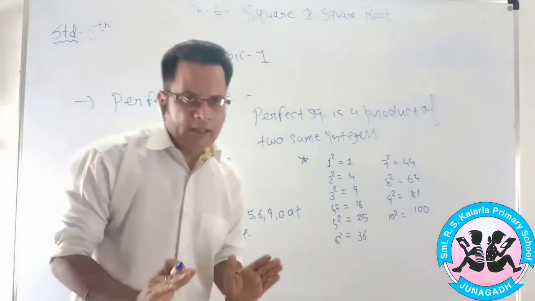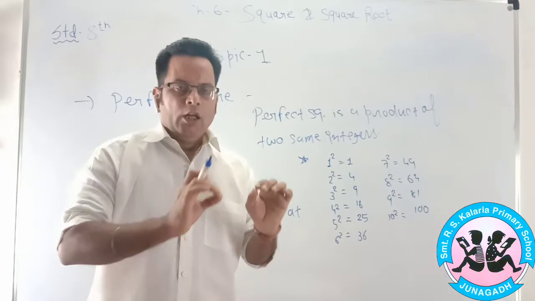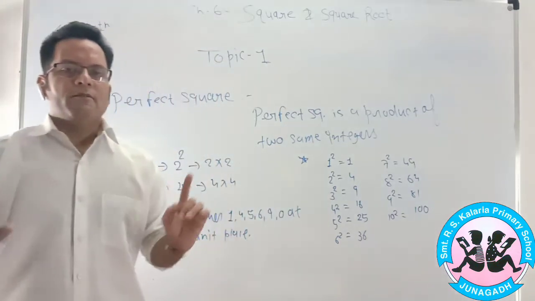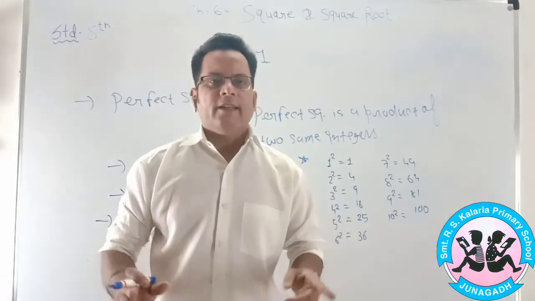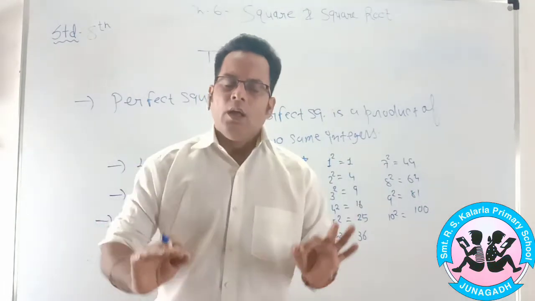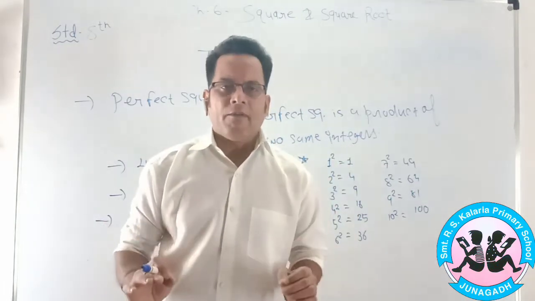It means if any number has 1, 4, 5, 6, 9 or 0 at the unit place, it can be a perfect square.